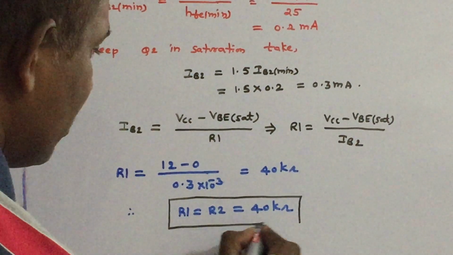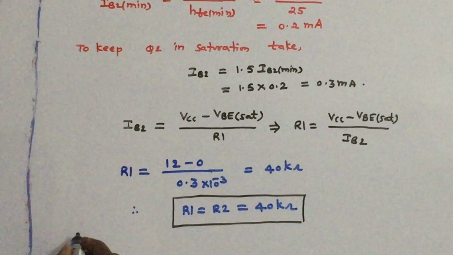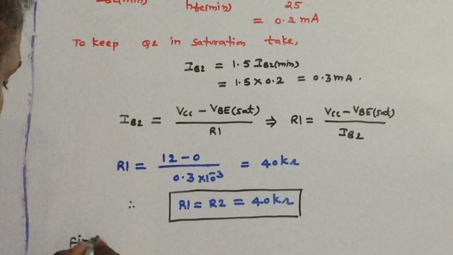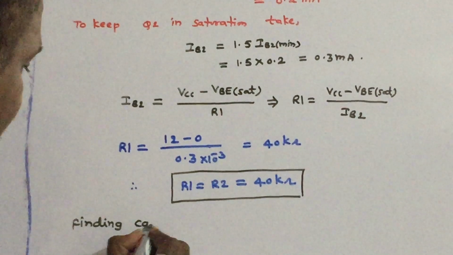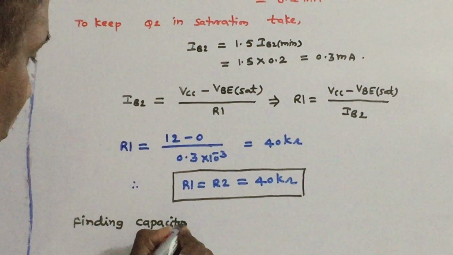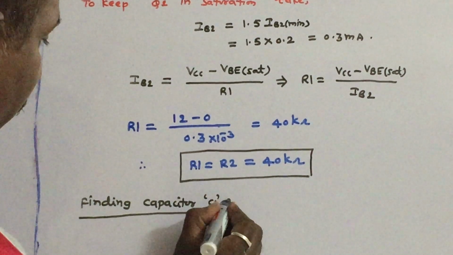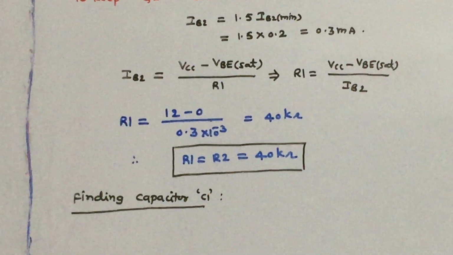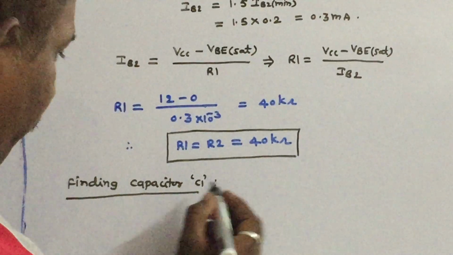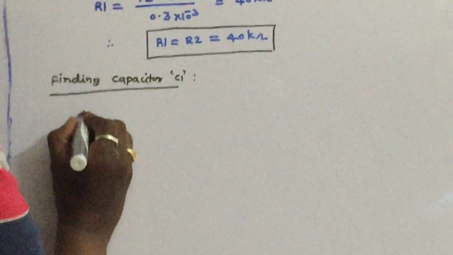Now let us find the capacitor. To find the capacitor value, C1 or C2, you can take C1 or C2. First, what is the formula for the time period?